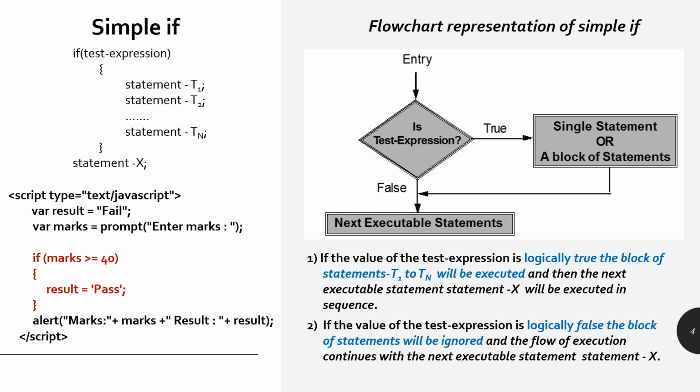Here we have one conditional statement. If the condition is true, this true part will be executed. Otherwise, if the condition is false, the flow will continue to the next executable statement.